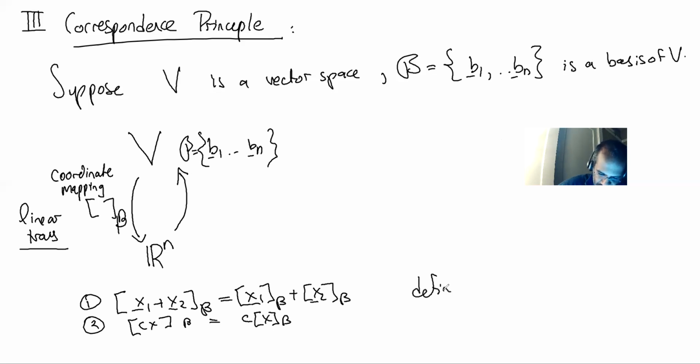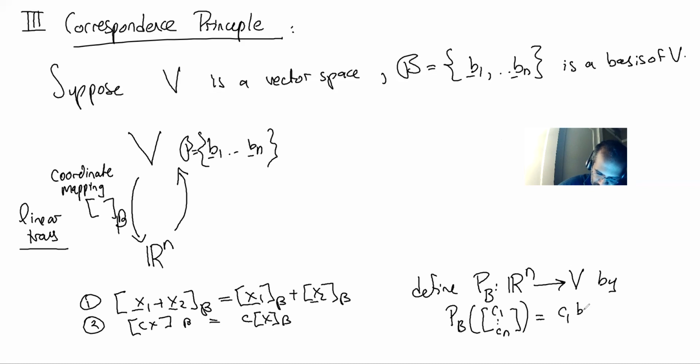So define this transformation PB going from Rn to V by PB of a coordinate vector equals just the linear combination with the basis. And so the point is that this is an isomorphism.